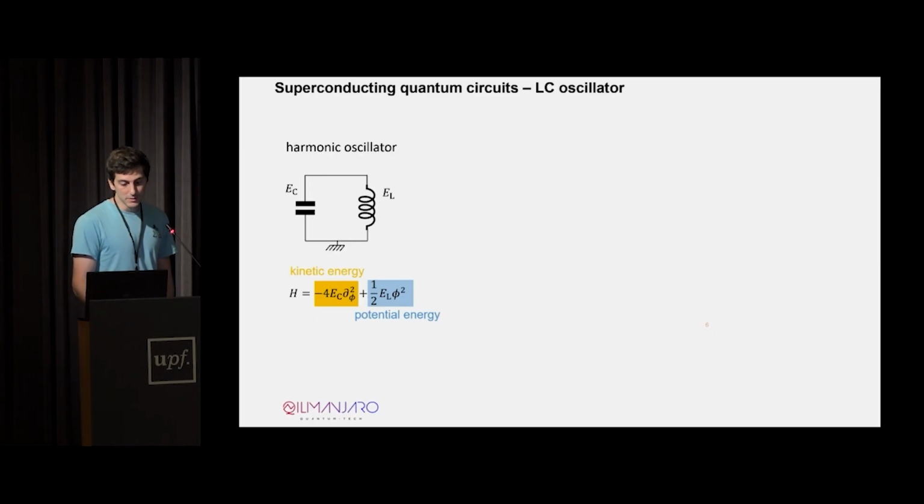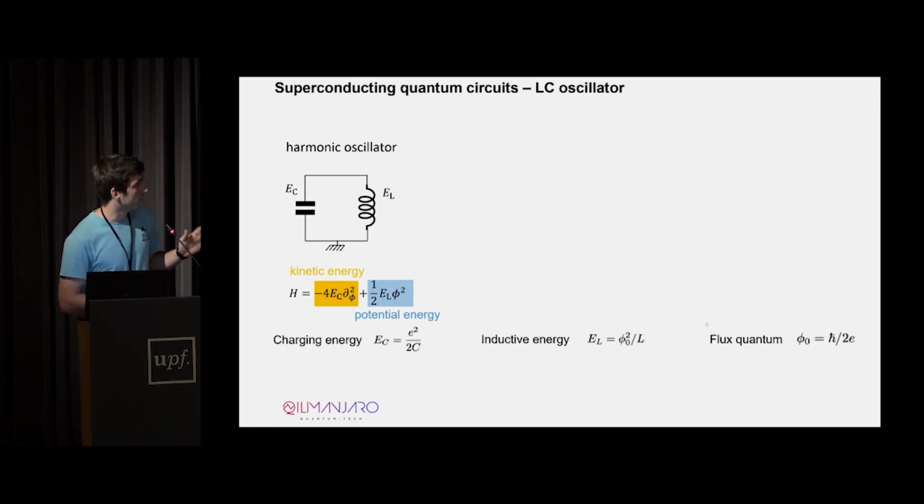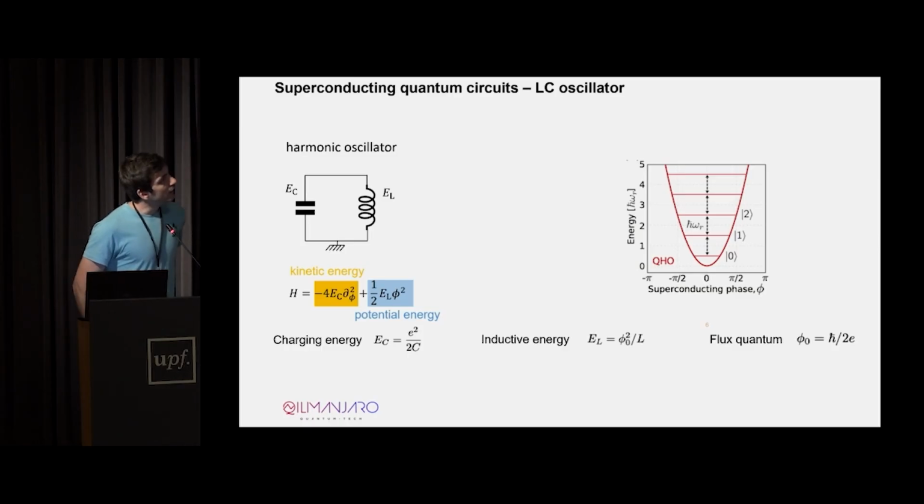This behavior is captured by this Hamiltonian, which contains a kinetic energy part proportional to the charging energy, and a potential energy part which is proportional to the inductive energy and is purely parabolic in the superconducting phase. So these are the definitions.